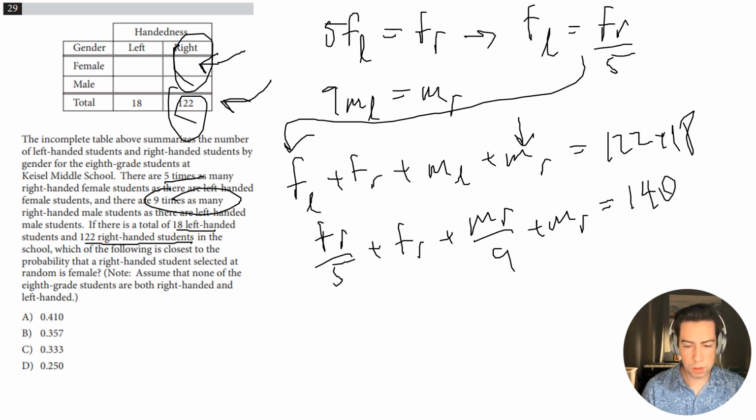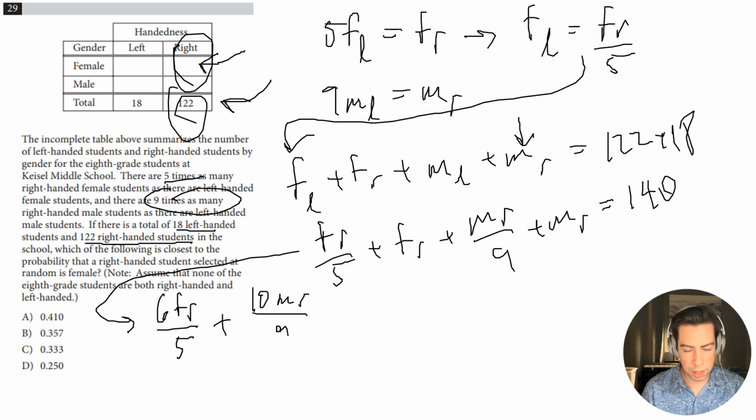When we do this simplification, we're going to get 6 f sub r divided by 5 plus 10 m sub r divided by 9. And that has to equal 140.